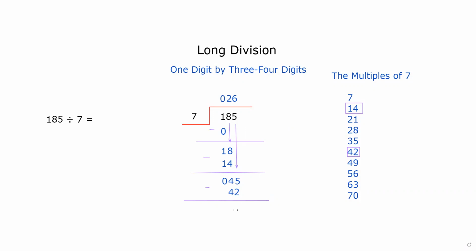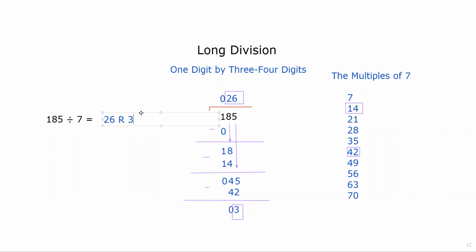So 5 minus 2 will be 3, and 4 minus 4 will be 0. So my quotient, my result is 26, and my remainder is 3. So the answer will be 26 remainder 3.